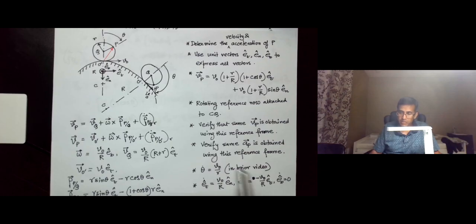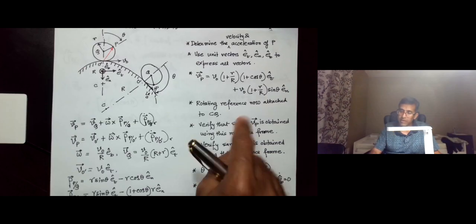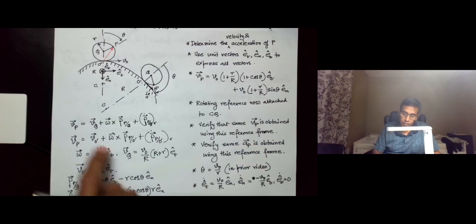and we have discussed how to set up the problem, and we went ahead to find the velocities. One of the distinguishing features with this rotating reference frame is that now we have to use all the 3 terms in the velocity.